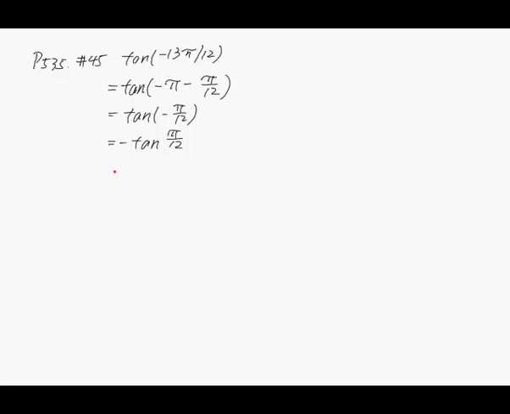Now, we can rewrite pi over 12 as 4 pi over 12 minus 3 pi over 12. So this is equal to negative tangent of 4 pi minus 3 pi over 12.